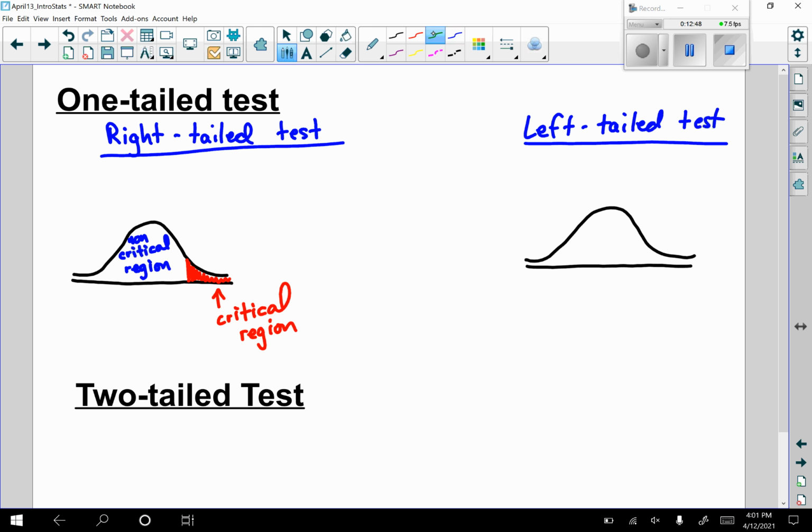And then just the opposite for a left-tailed test. We would have the area shaded in over here. This would be the critical region, and over here would be the non-critical region.